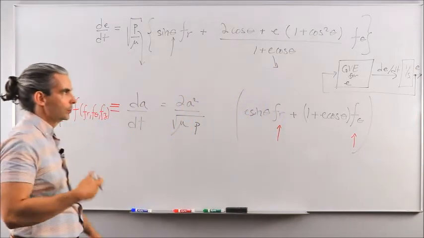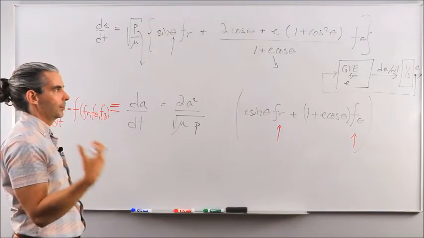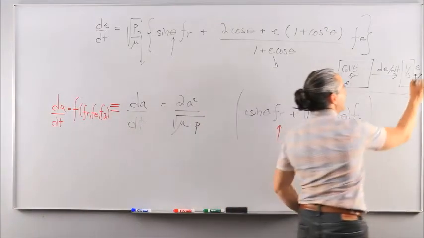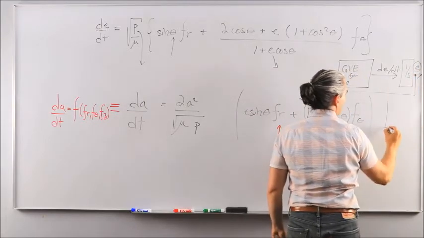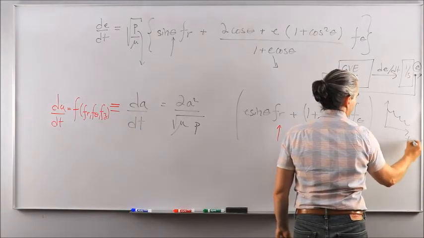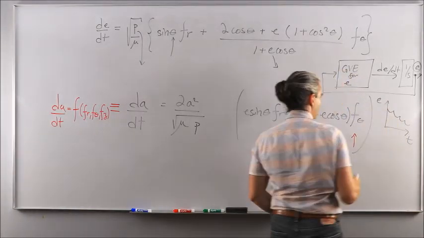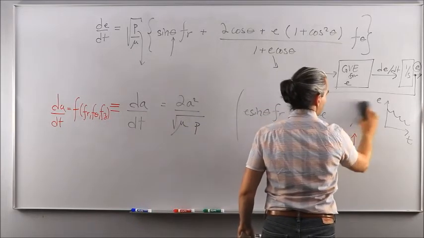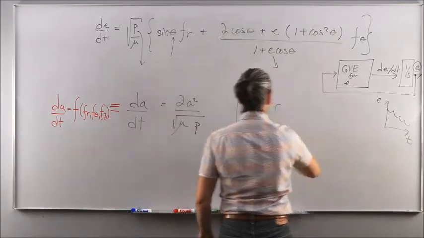So this is a closed loop process or simulation that you would have to carry out to then ultimately take the signal and plot it as a function of time. Okay? Eccentricity as a function of time, you'll probably see it decreasing because of the drag effect.